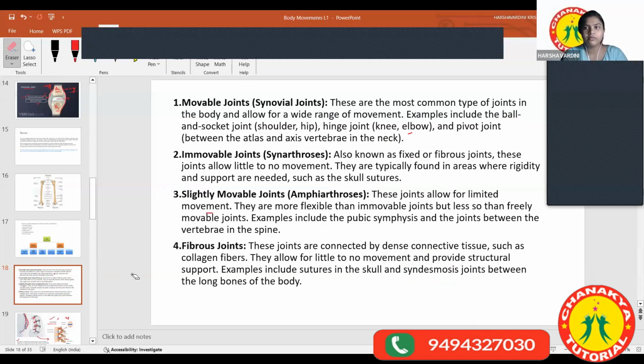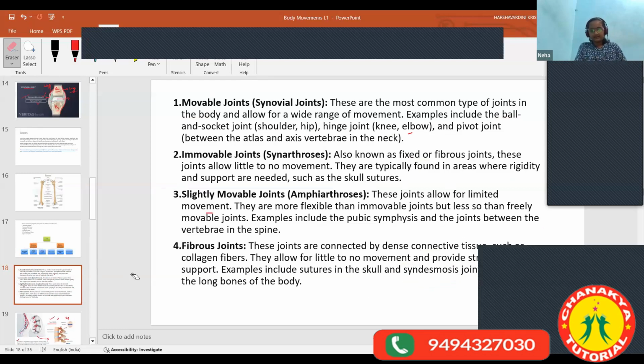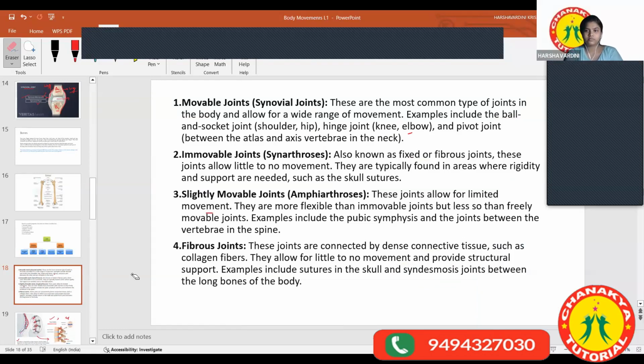Immovable joints are joints which we cannot move. They are commonly present in our skull. They are commonly found in places where we need support.